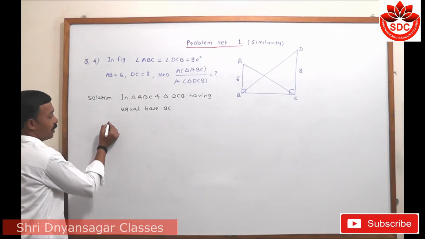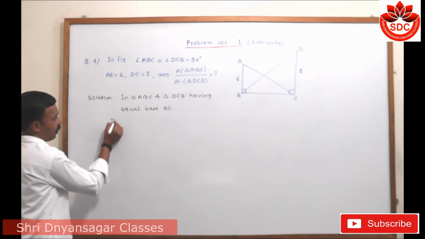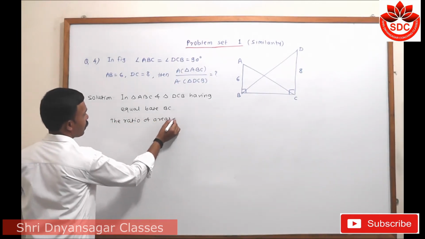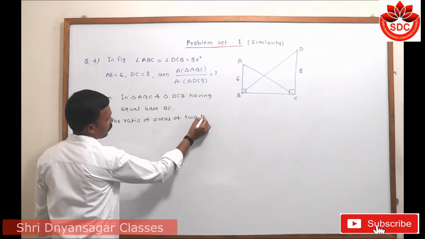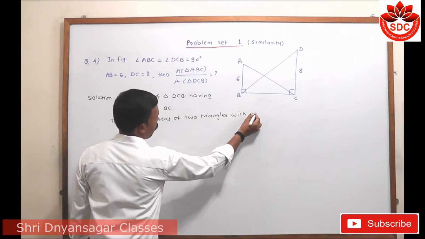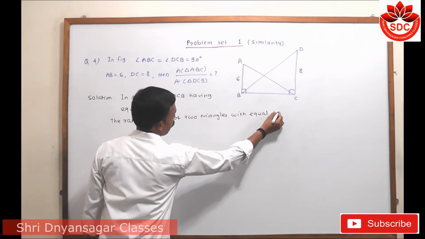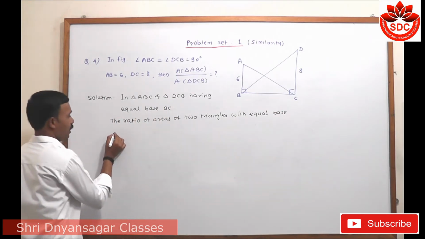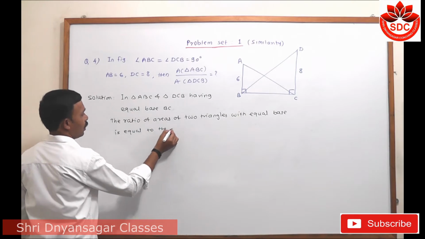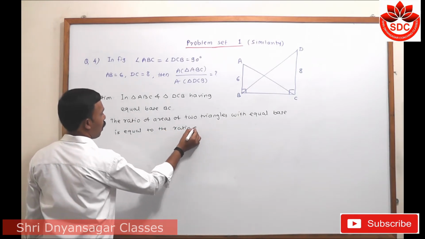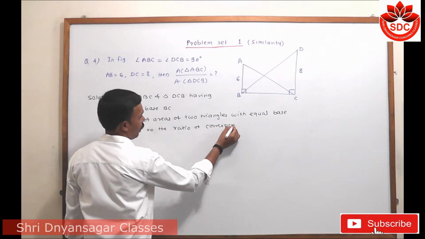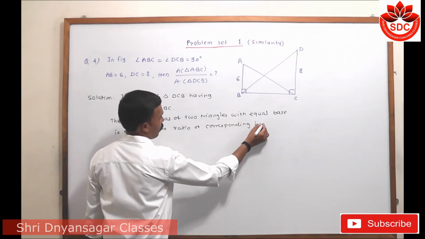So by using this property, the ratio of the areas of two triangles with equal base is equal to the ratio of corresponding heights.